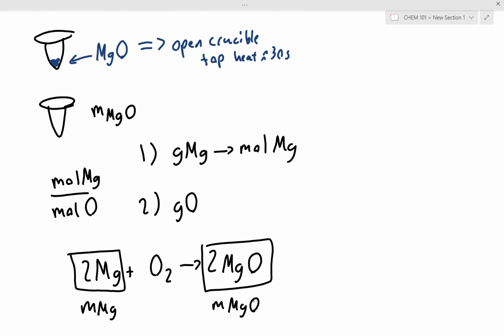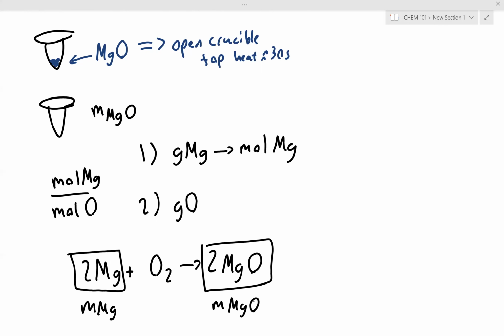If we react with oxygen, if we compare these two formulas, would you expect magnesium oxide to have a larger mass? Yes, right? It has an extra oxygen atom in its formula. So where did that mass come from? Where did our increase in mass come from?